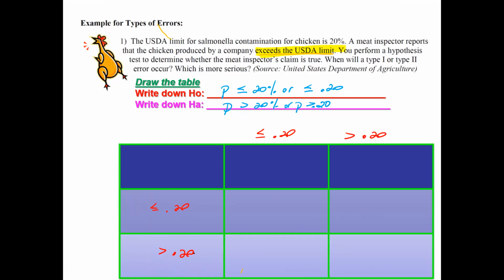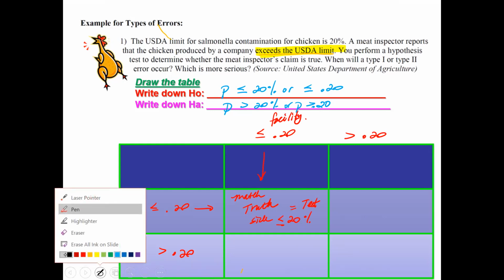So when I go ahead and test this, if the first one does match, because this is what the inspector is claiming, and this is what the facility is actually determining, if they're both less than 0.20, less than 20%, and they do match, then that's a good thing, because that means the facility is being truthful and the test checks out, and people are getting sick less than 20% of the time, which is good.